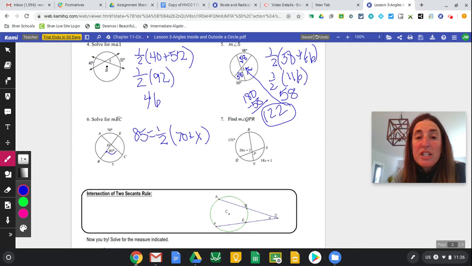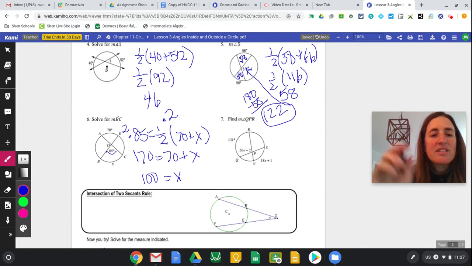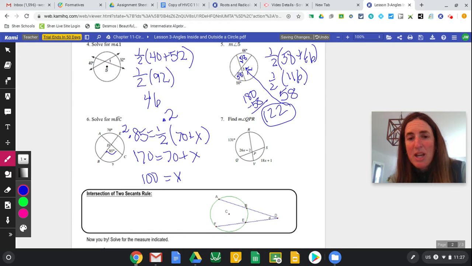I could distribute the half to the 70 and to the x, but I'm going to get rid of the half by multiplying both sides by 2. So 170 equals 70 plus x. Basically, I times this side by 2 and this side by 2 to clear out the fraction. When I move the 70 over, x is 100. So that other arc has to be 100 in order for those to add up.